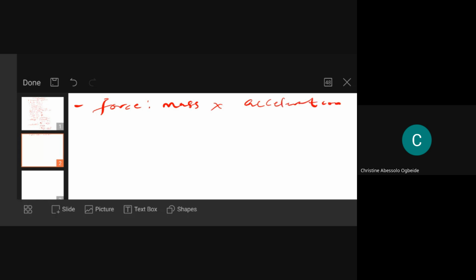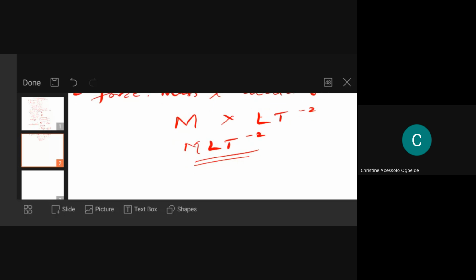And clearly from the last slide, you've already seen that the dimension for acceleration is LT raised to power minus 2. And the dimension for mass is simply capital letter M. So if I multiply these two, the dimension for force becomes MLT raised to power minus 2. And that is the dimension analysis for force.